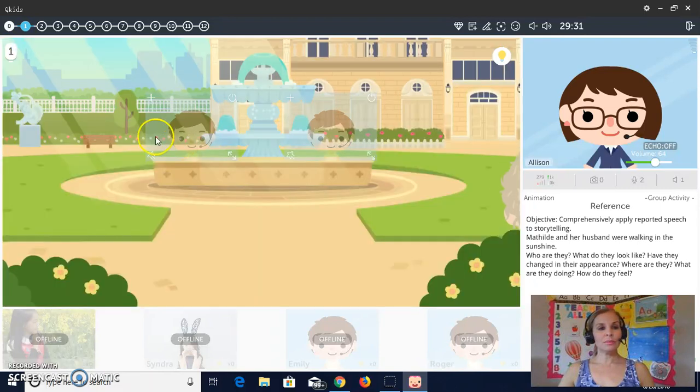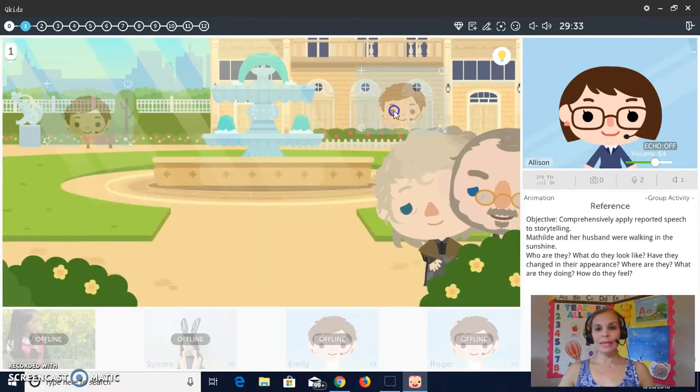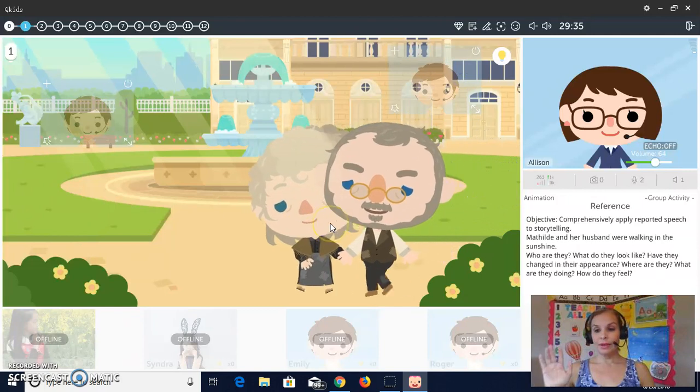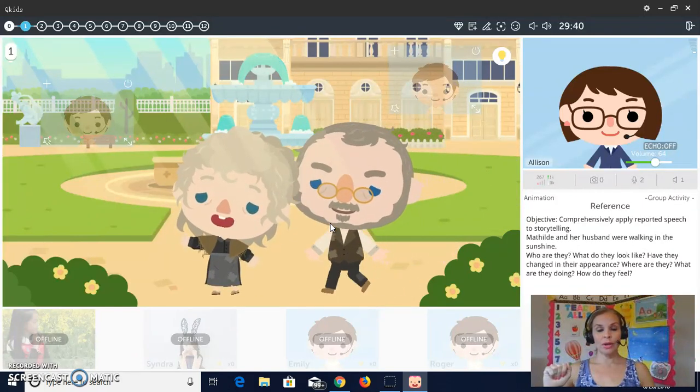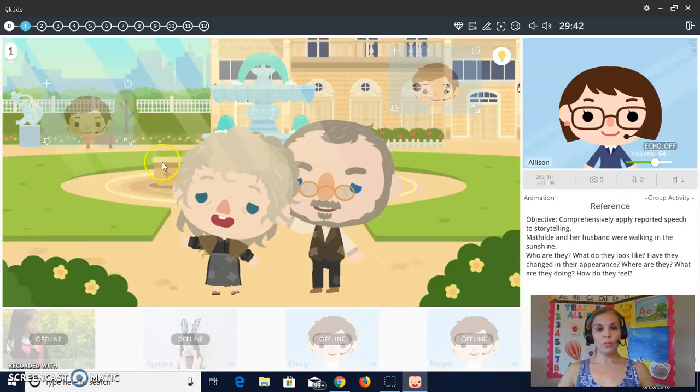So, the introduction page. The thing about the higher levels is a lot of times they already know they have to have a background to this. They've already read this story, and I have taught one of the previous lessons to this.